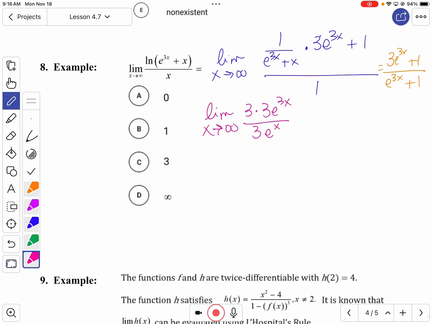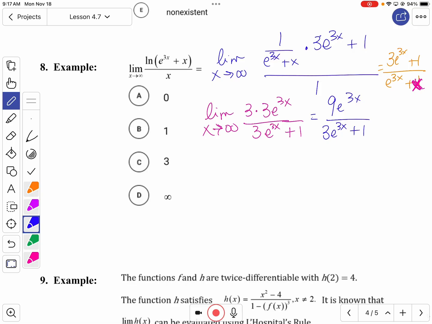Oh, this should be an x right here. Oh, it's 3x. I forgot. It's always e to whatever power, and then times the derivative of the power. And then there's an extra x right there, so we're going to put a plus 1. So that gives me, if I simplify it, 9e to the 3x over 3e to the 3x plus 1. Okay, so we're getting closer.